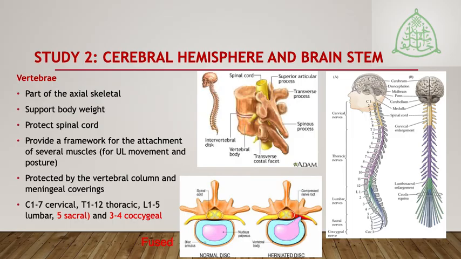So the vertebrae also provide support and protection for the spinal cord. The spinal cord is almost hanging inside the vertebral bone. However, we have the dura and the meningeal layers here as well. So you have the dura mater, you have the arachnoid, and the pia mater lining directly over the spinal cord.